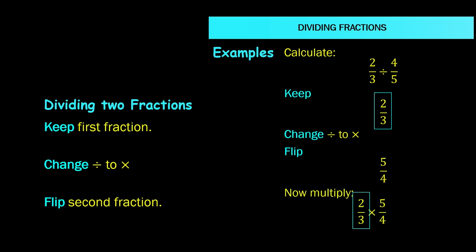So we have 2 over 3 multiplied by 5 over 4, which gives us 2 times 5 over 3 times 4, which equals 10 over 12. We can divide top and bottom, or numerator and denominator, by 2 to give us 5 over 6.